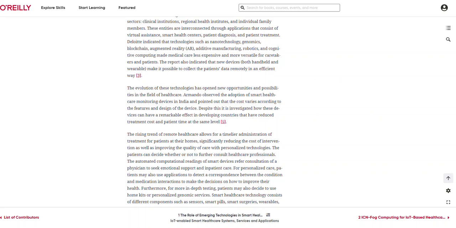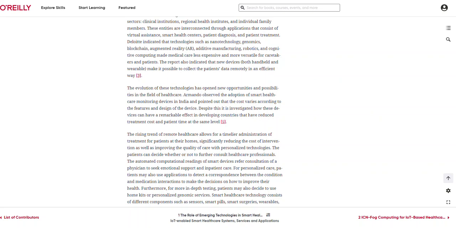These IoT systems communicate data to healthcare professionals or automated systems for monitoring, decision making, and action. The ultimate goal is to provide continuous, proactive, and personalized care, which is a major shift from traditional reactive healthcare models.